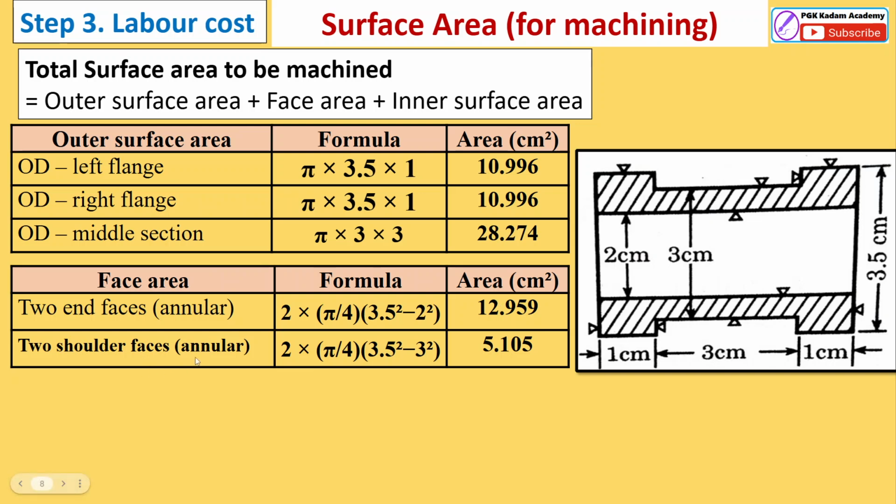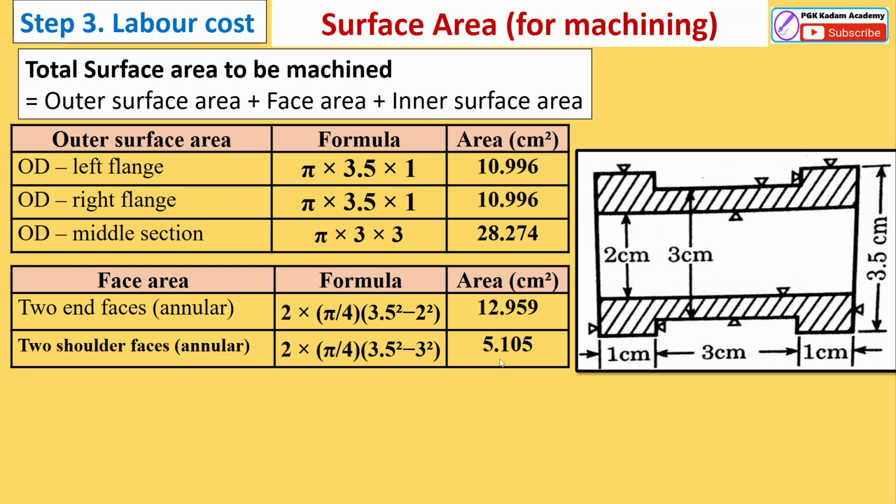Two shoulder faces are here. Two small dimensions, that is 2.5 minus the middle section. That is a small part, the shoulder face. Calculate this value. That's why it is multiplied by 2: 2 into pi by 4, 3.5 squared minus. The area is 5.